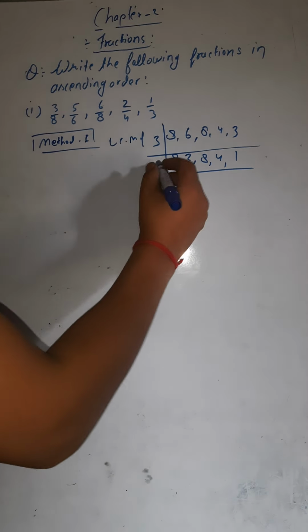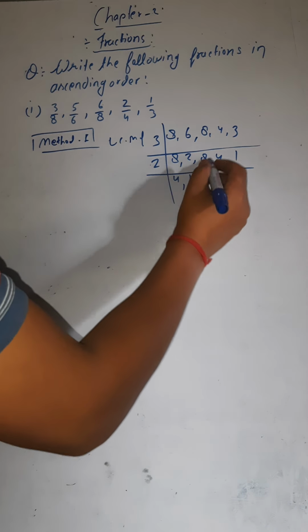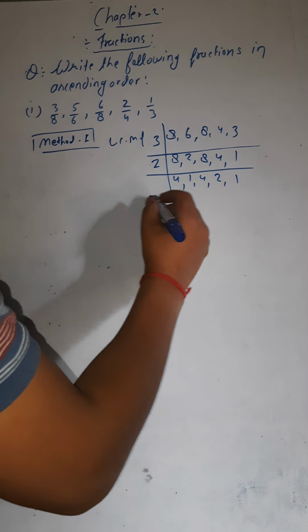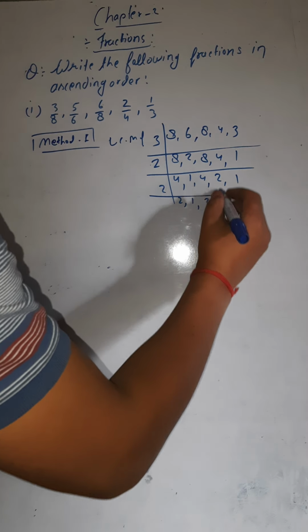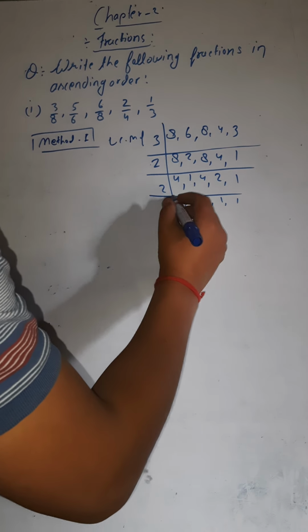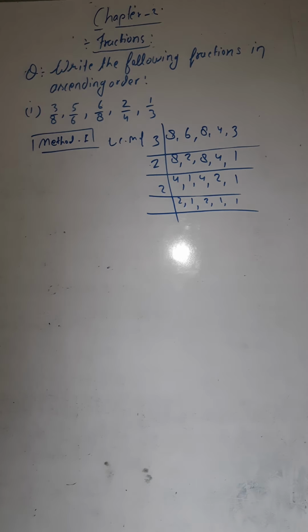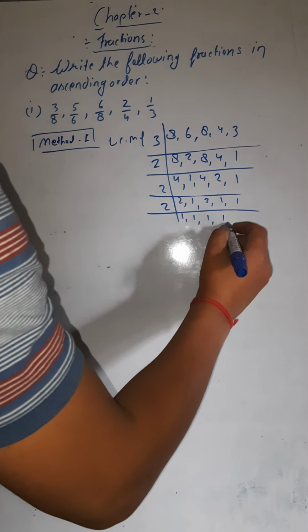Now divide by 2: 2 fours are 8, 2 ones are 2, again 2 fours are 8, 2 twos are 4, 1 not divisible. Then again divide by 2: 2 twos are 4, 1, 2 twos are 4, 1, 2, 1. Getting this? Then again by 2, and we get 1, 1, 1, 1, 1.